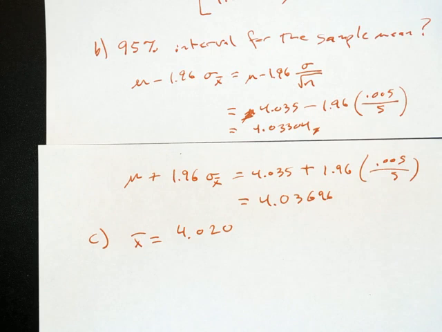Take my sample, all 25 bushings. I average their diameters. I get 4.020. Everything's fine. Or, what do I do?